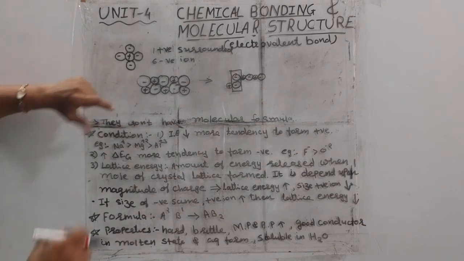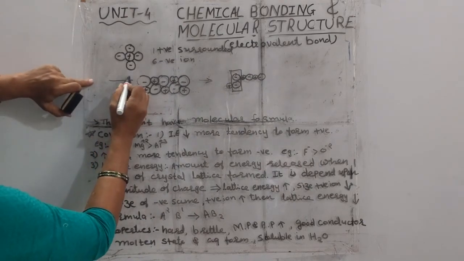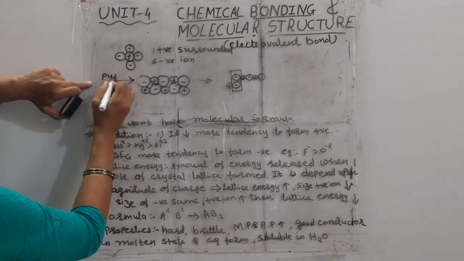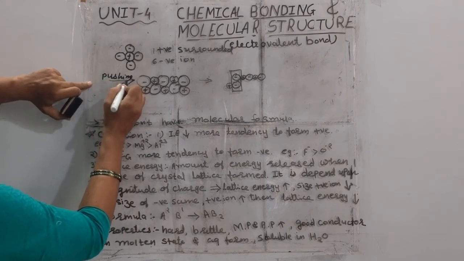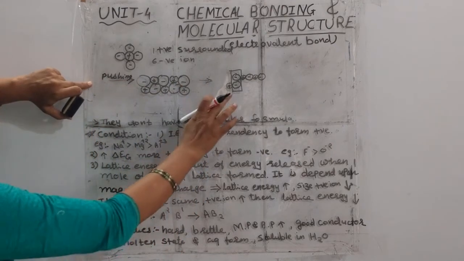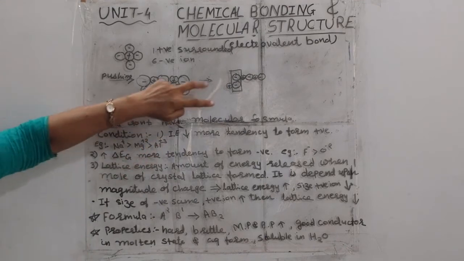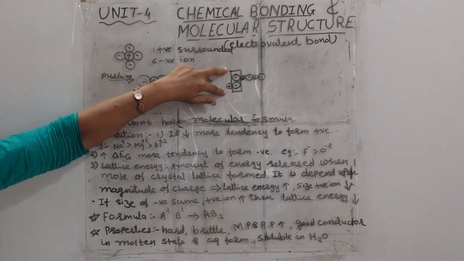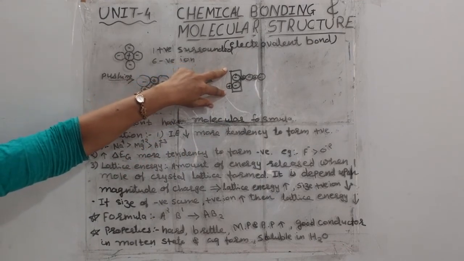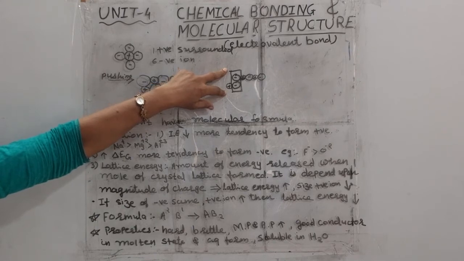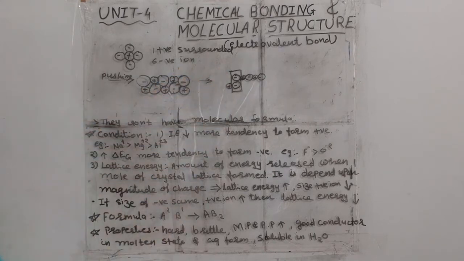By just pushing the one layer, this layer moves, so there are chances of two same charges coming closer, which gives repulsion, and that's why ionic bonds or ionic crystals are brittle.